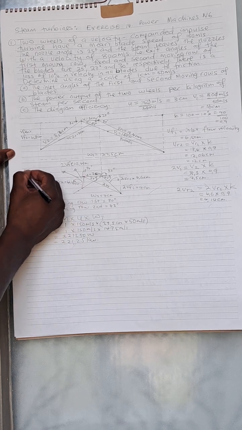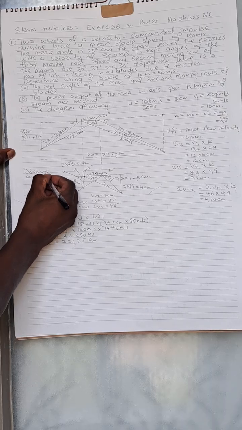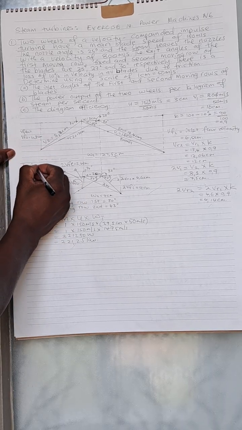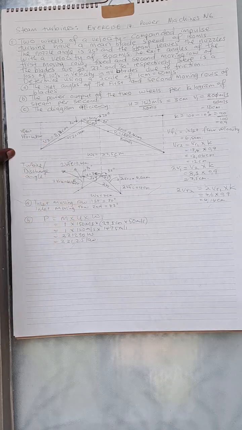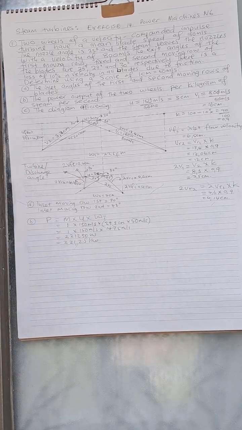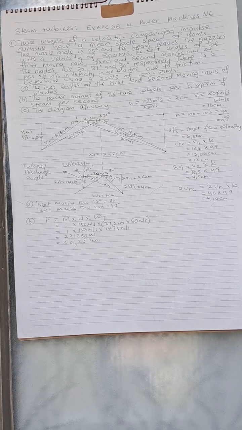So this becomes our discharge angle, or we refer to it as our turbine angle. This is the most critical angle, which you must also remember. Once you forget that one, it's the end of the game.